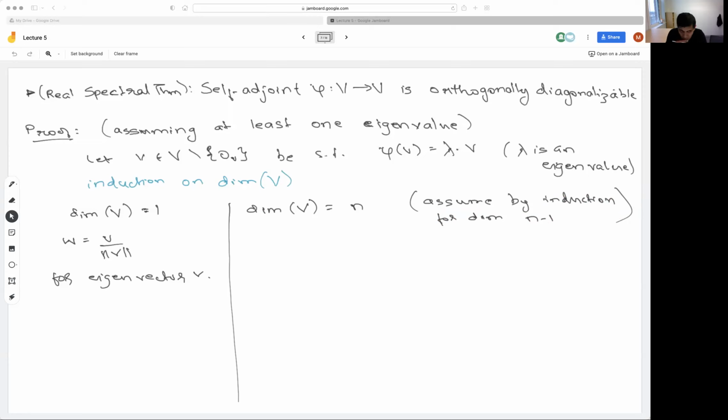Okay. So again, let me call this eigenvector, okay, that's fine. So there is some eigenvector.